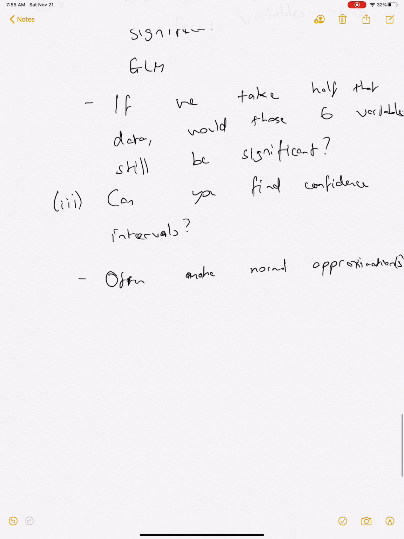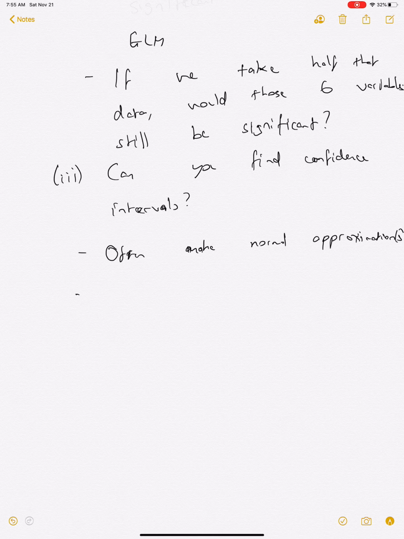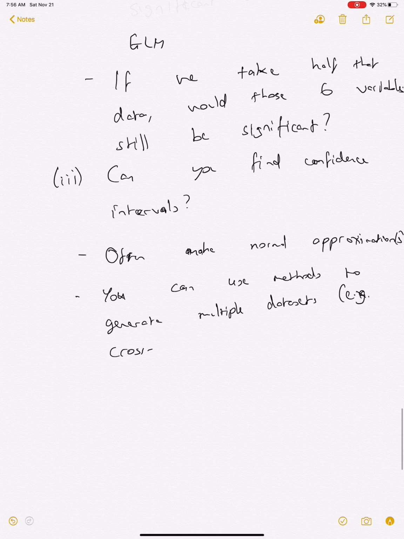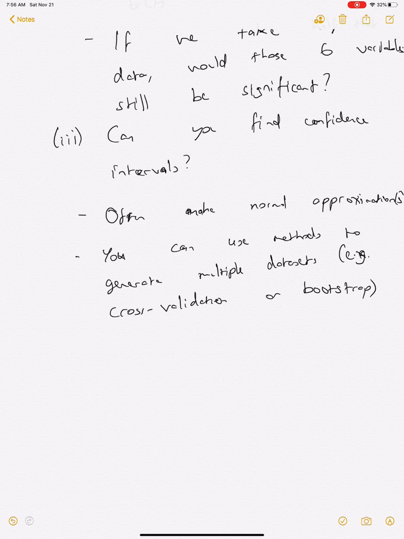Then there are other methods, and I won't go into too much depth on this, but it's certainly something you can use: methods to generate multiple data sets, for example cross-validation, or what's also used in statistics, which I haven't spoken about, the bootstrap, to come up with confidence intervals.